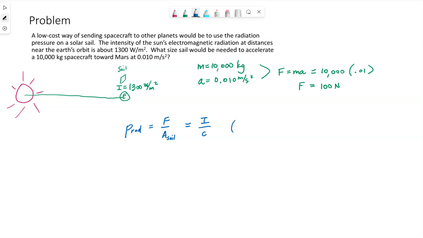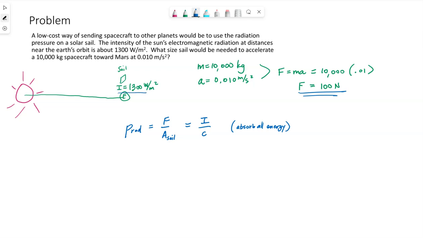This, of course, assumes that this sail will perfectly absorb all of the energy. And again, we're making that assumption because that is the equation our author has chosen to focus on. So we know the force on this sail / spacecraft because we know the mass of it and the acceleration is what they've given us.